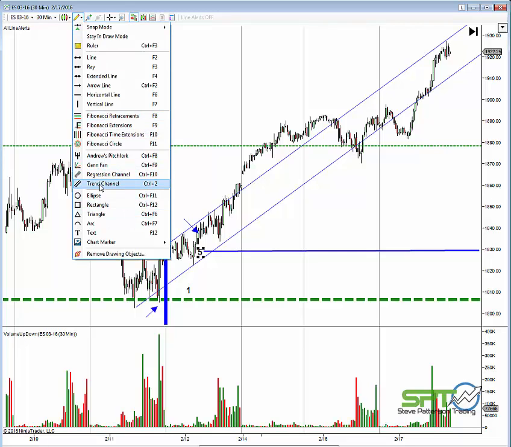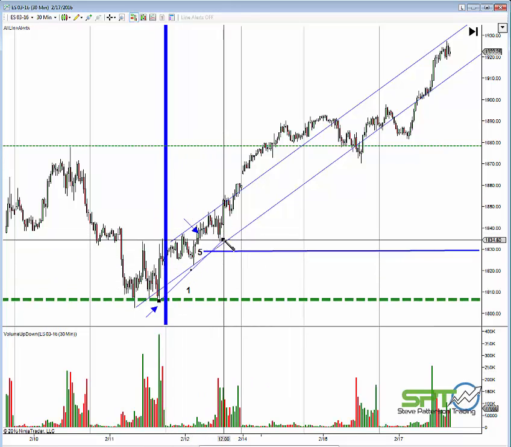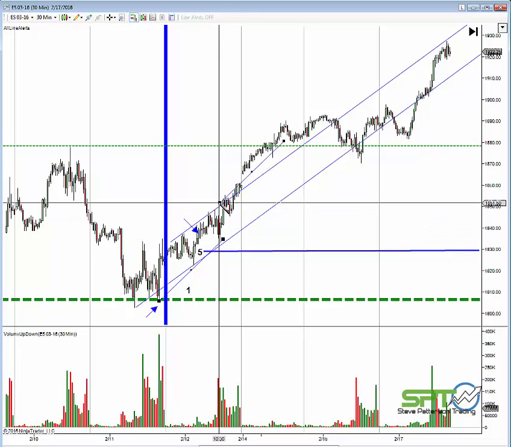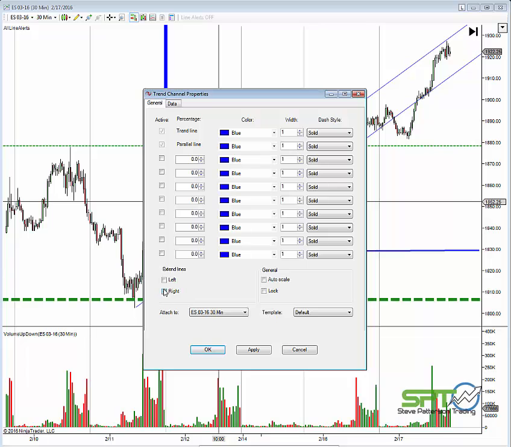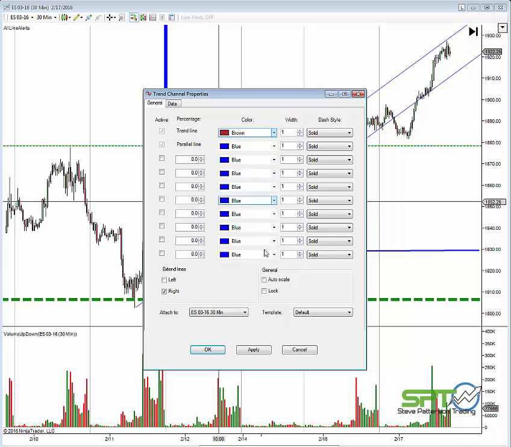So let's just do that. So now my trend line, when I break that high, looks something like that, doesn't it? As soon as I break that, I'm going to just put a different color in here.